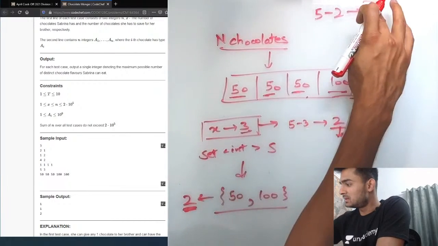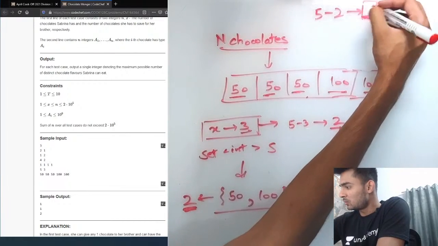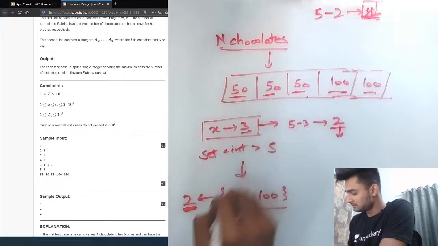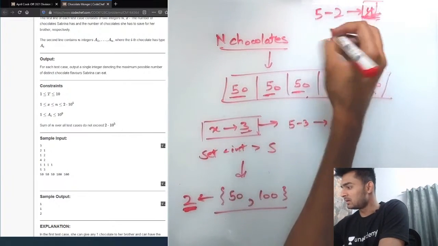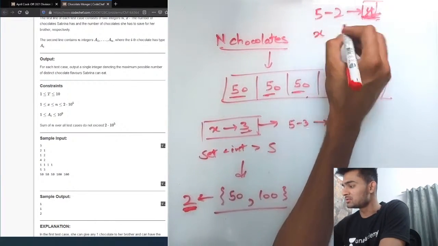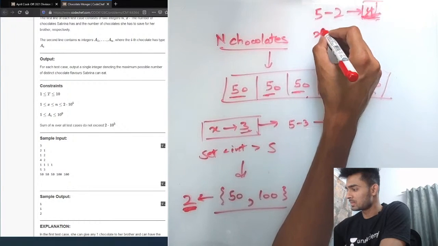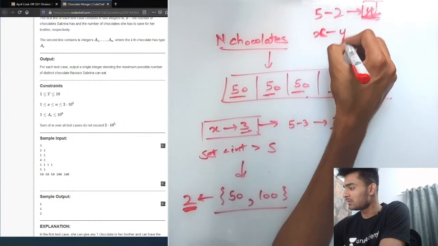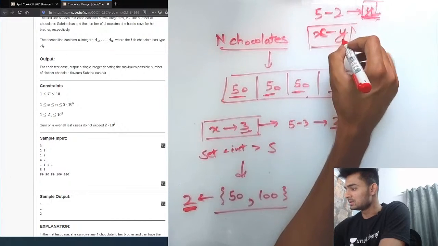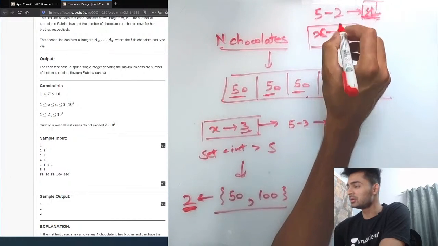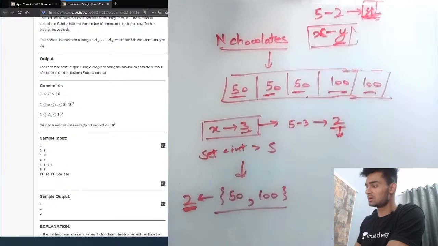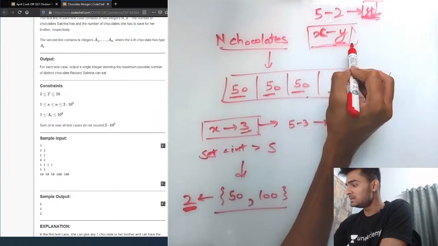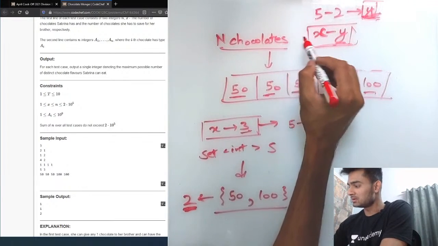Now let's say this was something y. Then we'd actually have to remove, and we had to give Sabrina's brother x number of chocolates. So now we would first subtract y from this, these are the duplicate chocolates. So we'll first give all the duplicate chocolates to her brother, and then see what is the total number of chocolates remaining.